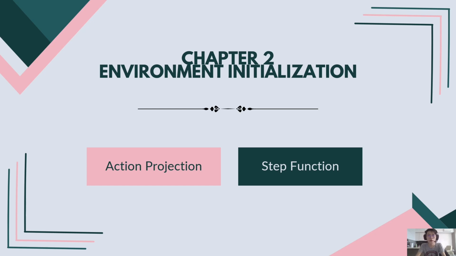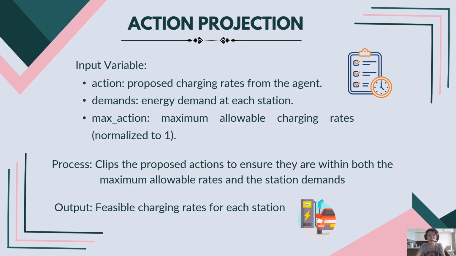Good day, sir. My name is Xiao Hong, AIT306. Today, I'm going to talk about the environment initialization for our final project, which covers the action projection and also the step function. For the action projection, we have the input variables action demands and max actions.